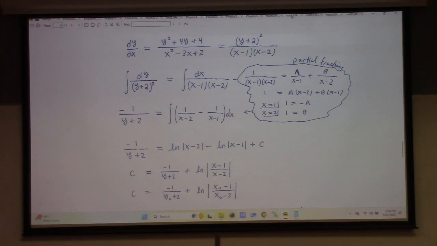And then, lo and behold, y is equal to minus 2 minus 1 over the natural log. I mean, we could simplify, but I'm intentionally not simplifying at the moment just to communicate a point. This right here would be the explicit general solution, right?